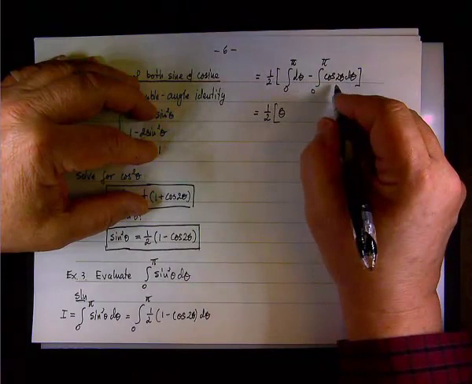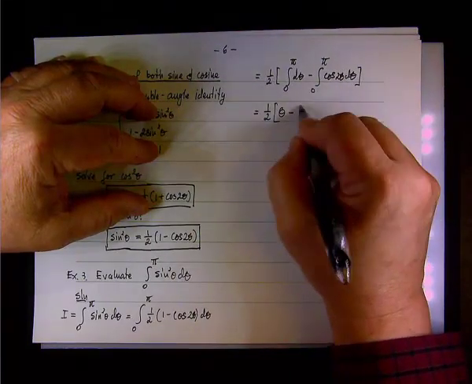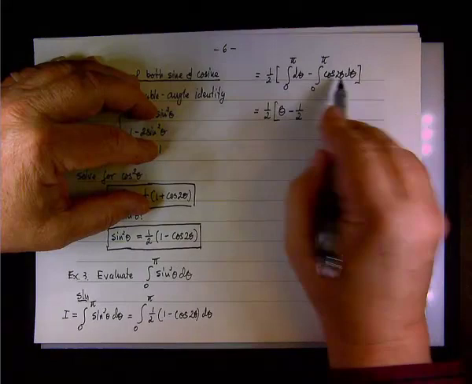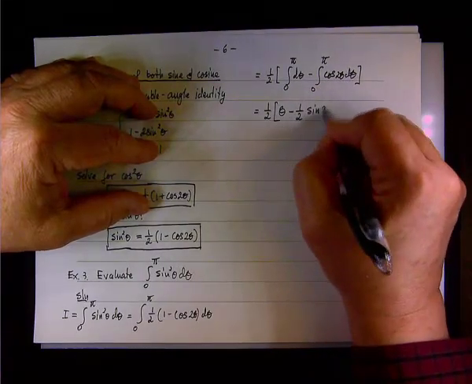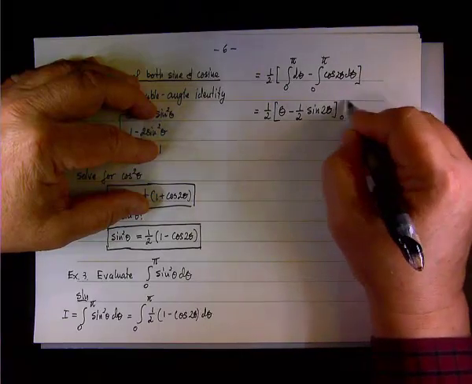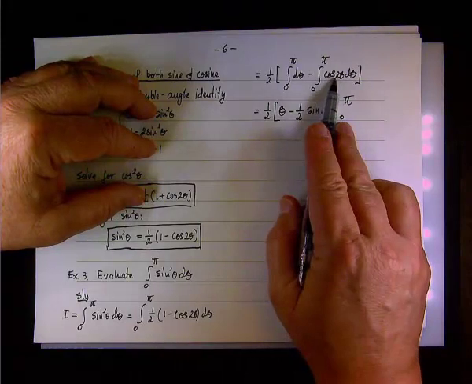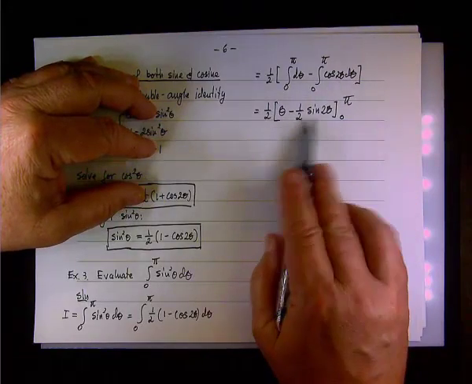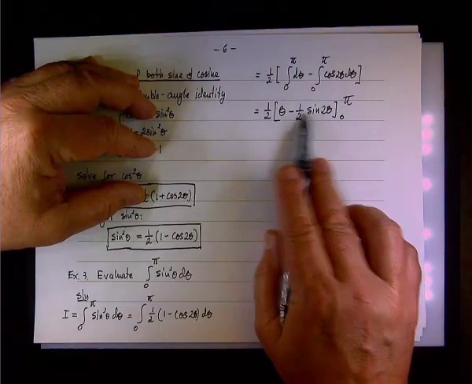The result? The integral of d theta is theta. The integral of cosine 2 theta will be 1 half sine 2 theta, because we need to compensate for the 2 theta. And we evaluate it from 0 to pi.